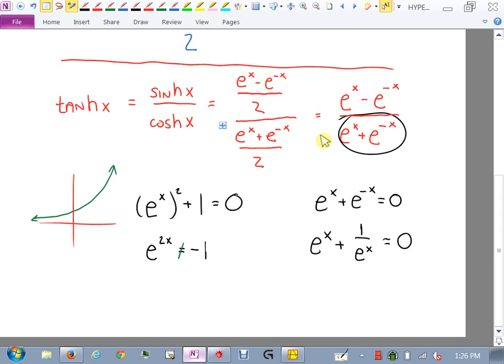Okay. So we have 6 hyperbolic functions, and for each one of them, we have a derivative. That makes sense, right? All right, so here's what we have. If we have the sine hyperbolic function, and we want to take its derivative, what do you think it is?